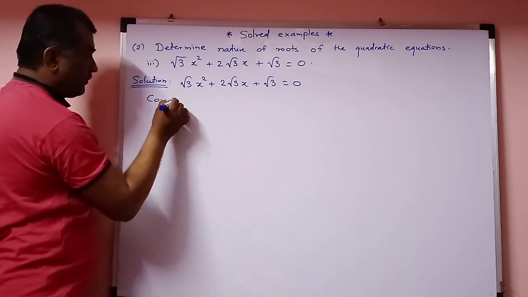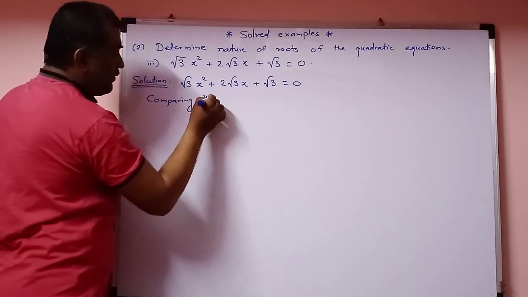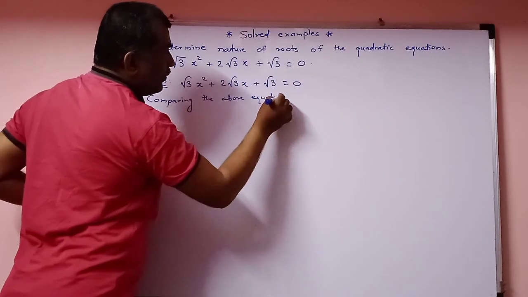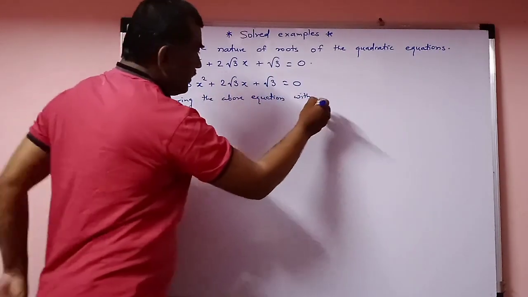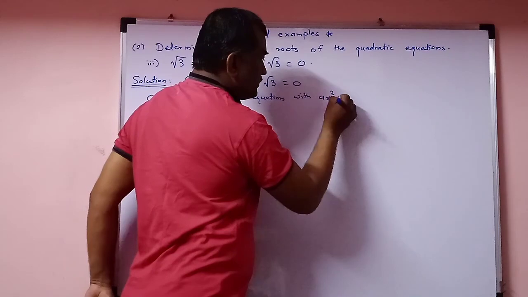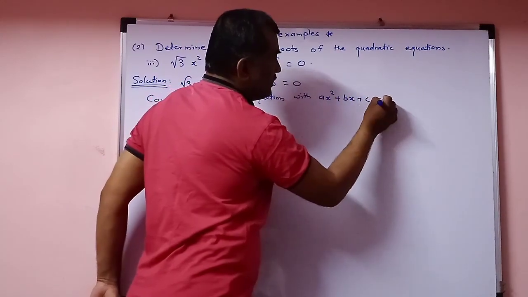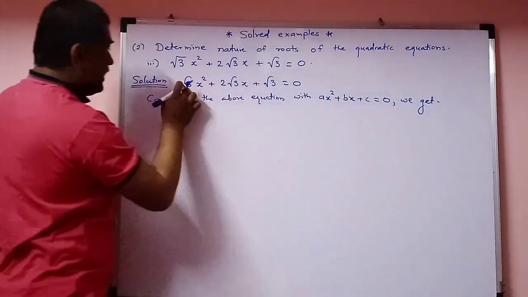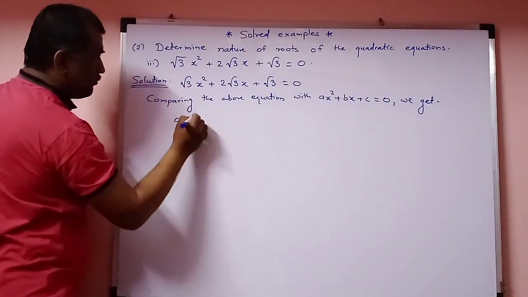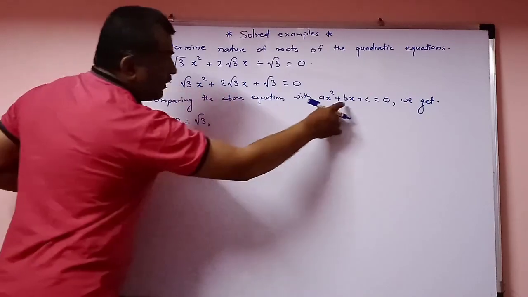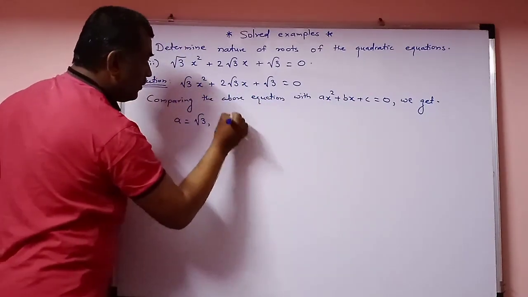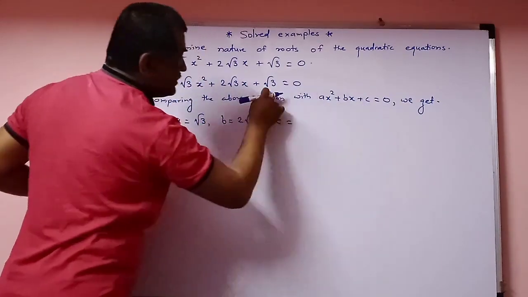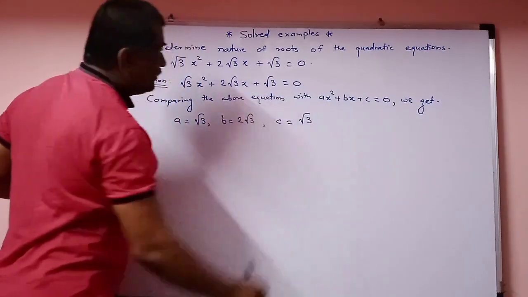Comparing the above equation with general form ax square plus bx plus c is equal to 0, we get value of a is equal to square root of 3, value of b is equal to 2 square root of 3, and value of c is equal to square root of 3.